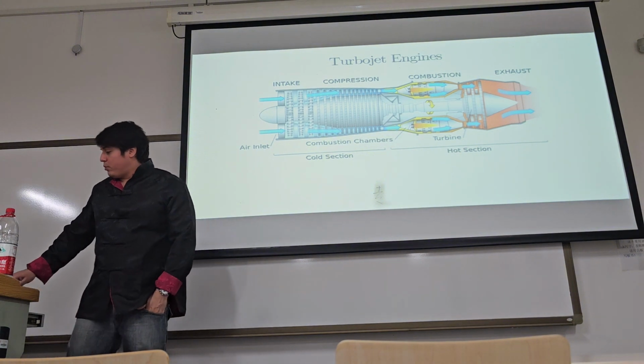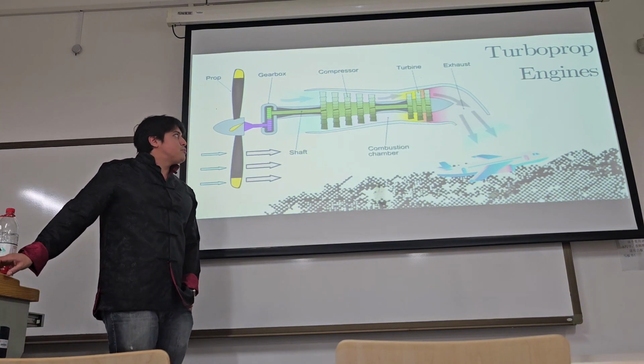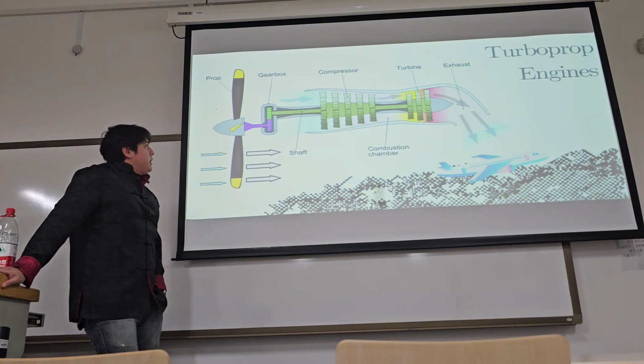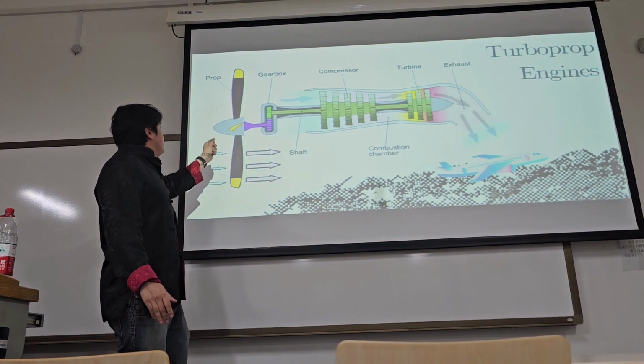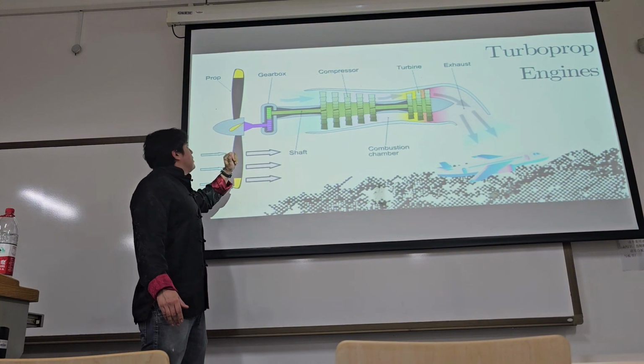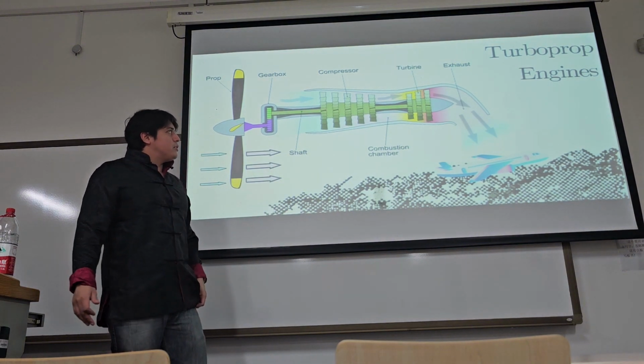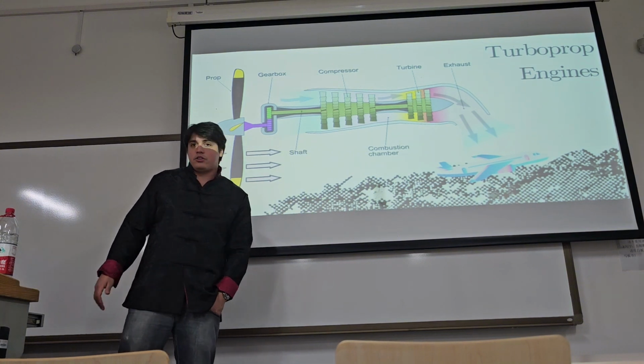So then we have turboprop engines, which are used in smaller aircraft. They are composed of a prop, a gearbox, a compressor, a shaft, a combustion chamber, a turbine, and an exhaust.